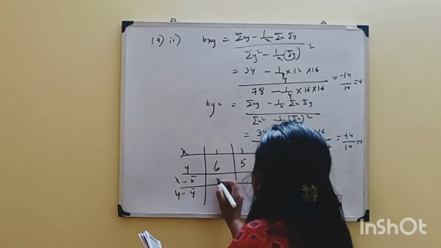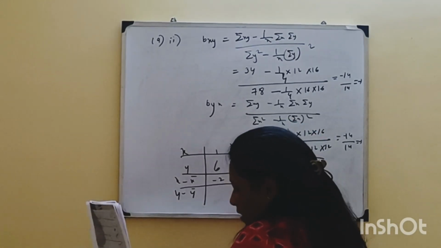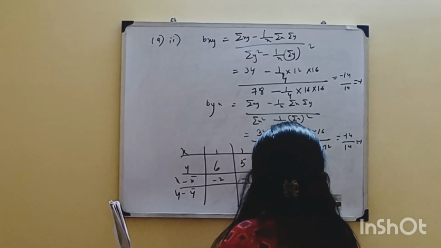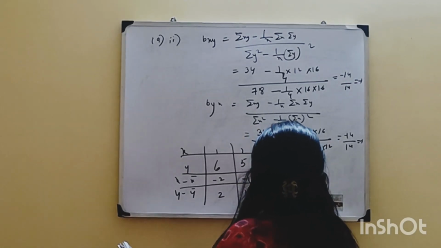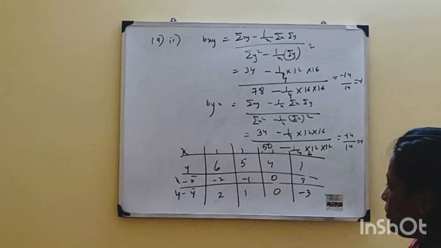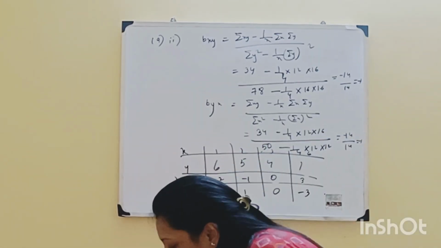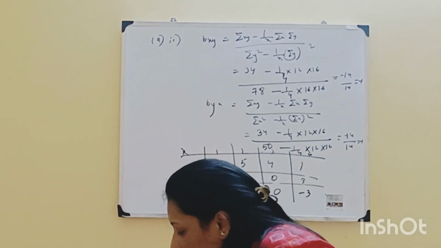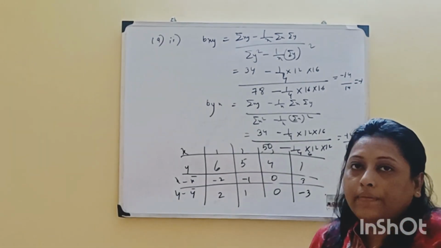So 1 minus 3 is minus 2, then minus 1, 0, 3, and y minus y bar is 2, 1, 0, minus 3. So this is the solution of the full table. Complete the table. Okay. Then all of you take the screenshot, or you can write it down.